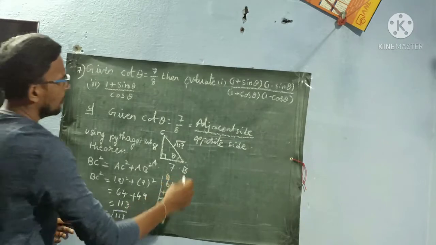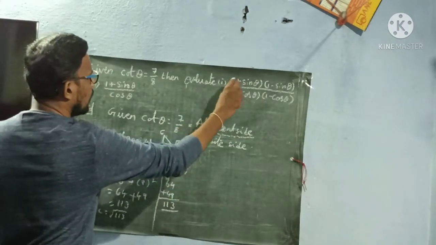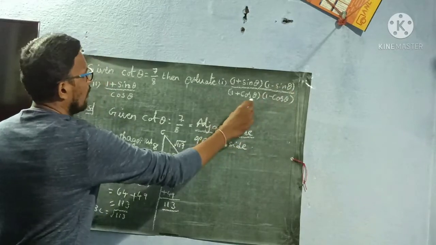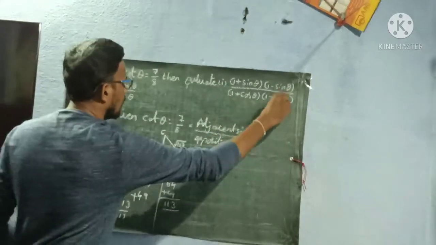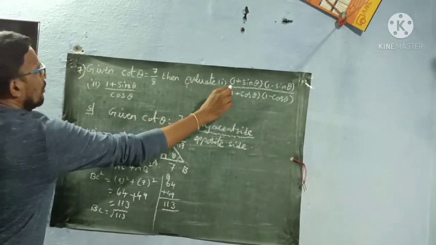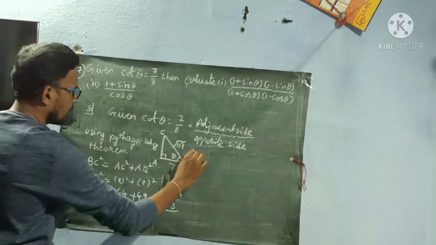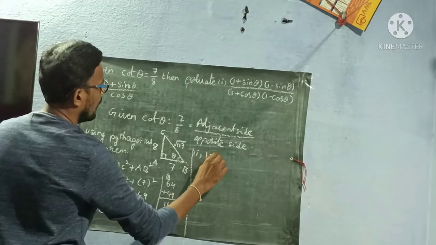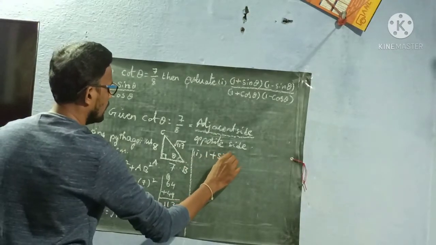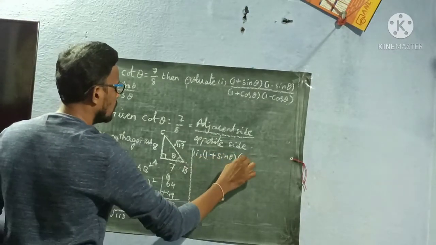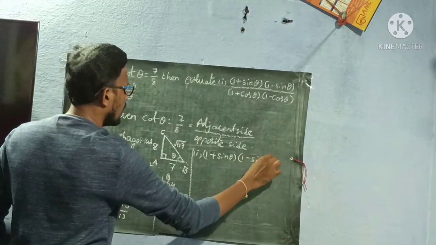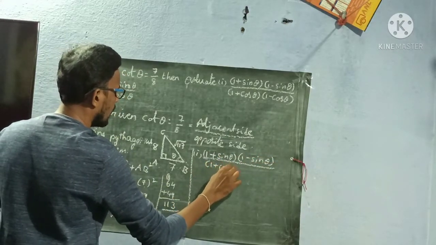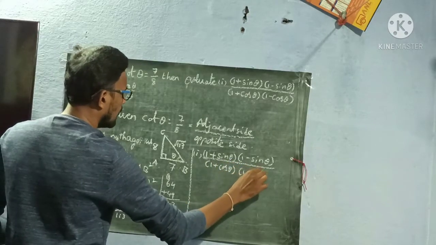So now let us move to the first part, that is (1 plus sin theta)(1 minus sin theta) by (1 plus cos theta)(1 minus cos theta). Let us evaluate the first bit here.